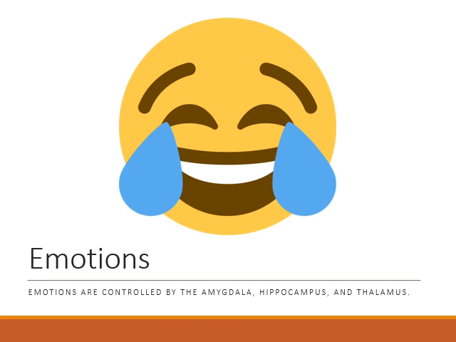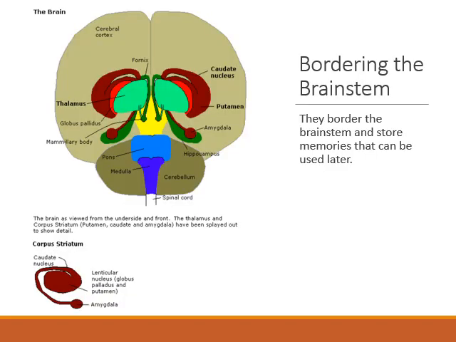Emotions are controlled by the amygdala, the hippocampus, and the thalamus. All of these are located right along the brainstem. Now, emotions cause physiological reactions. Again, you've probably all noted that at some point in your life, you get sad, you feel something, your brain chemistry changes.